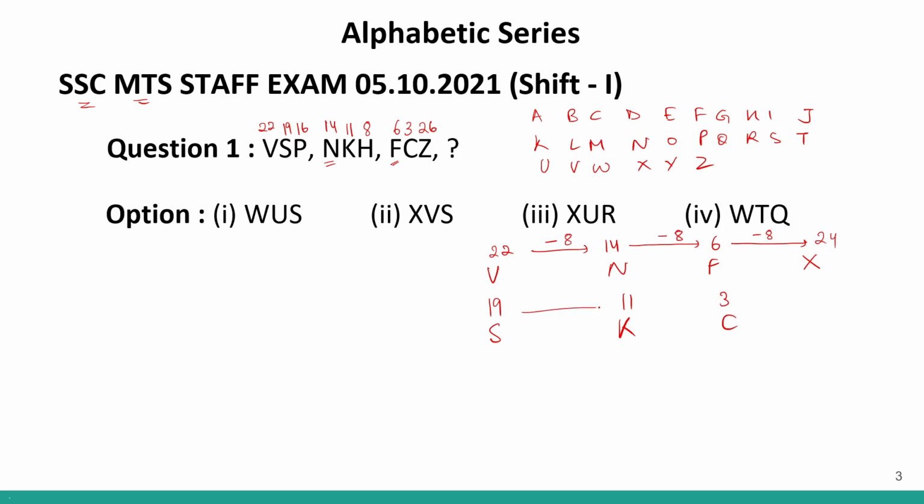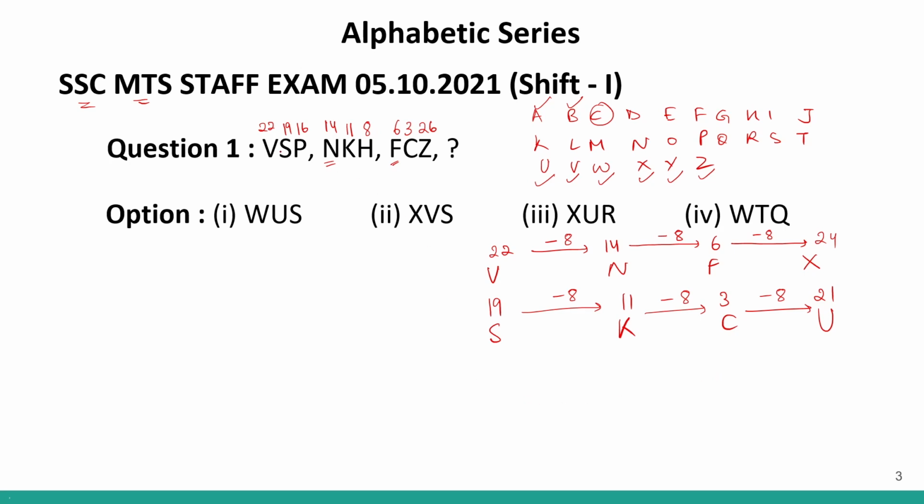So 19 to 11 is minus 8 and from 11 to 3 is also minus 8. So from C, if I have to go minus 8, this is my C. If I have to go minus 8, it will be 1, 2, 3, 4, 5, 6, 7 and 8. We will go to U. And at U, the number is 21. So if we go back from C, we will go to U.